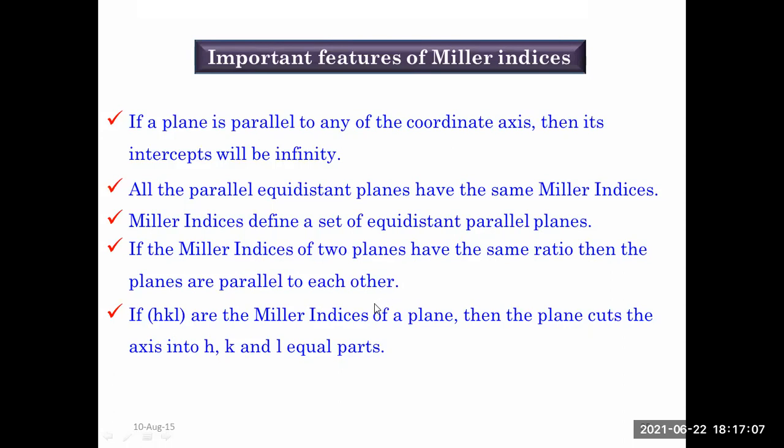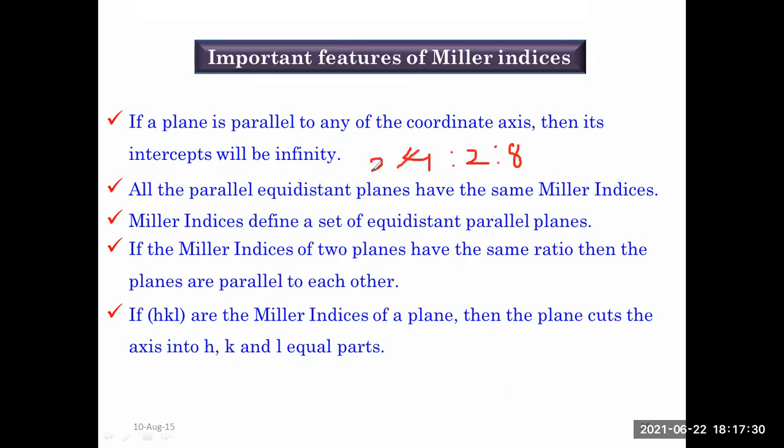So for example, you got the Miller indices in the form of ratio 4:2:8. See, if this is what you got, 4:2:8, so what does this particular value say? If the Miller indices of two planes have the same ratio, then the planes are parallel to each other.